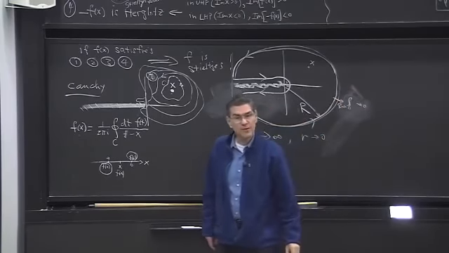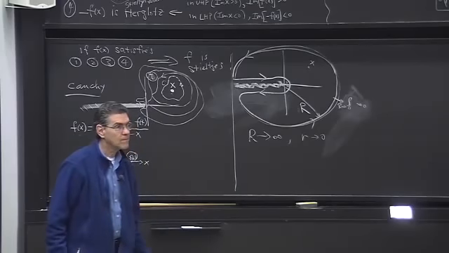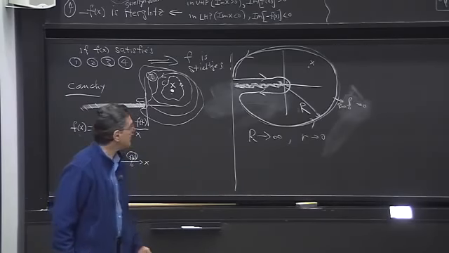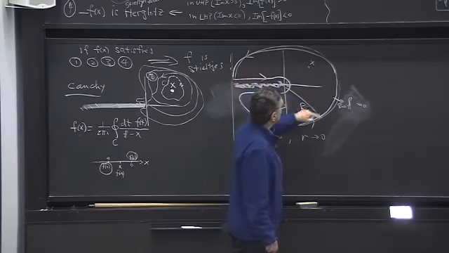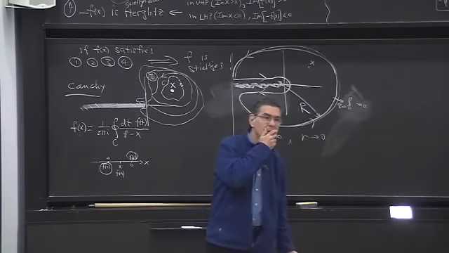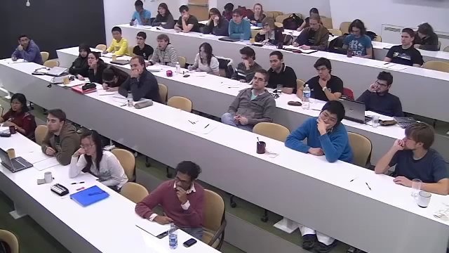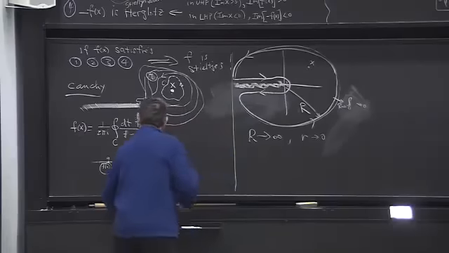Can you tell me why that's true? Why don't I get any contribution to the integral as this contour gets very, very big? Yeah? The function goes to 0 faster than R goes to infinity. That's right. It's because of the integrand.